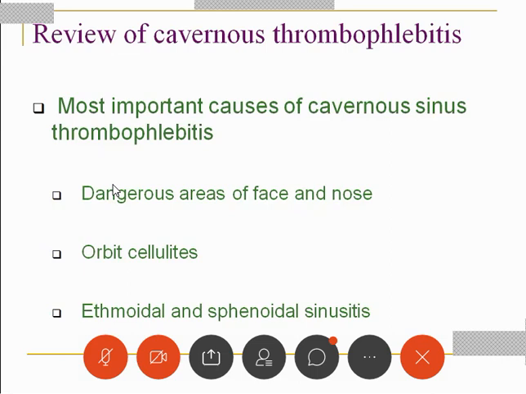So almost all these cavernous thrombophlebitis causes are mostly in immunocompromised patients, not in the normal routine patient. Normal routine patients, I haven't seen them ever suffer with this kind of grave complications.